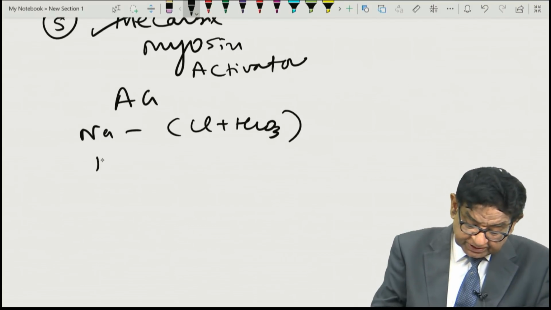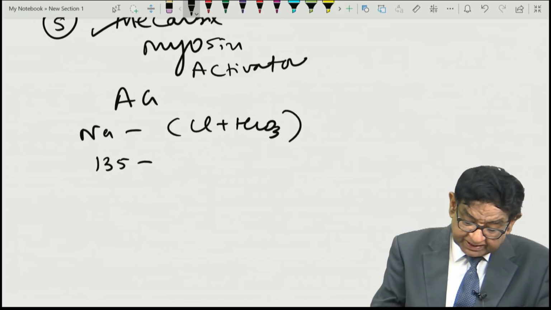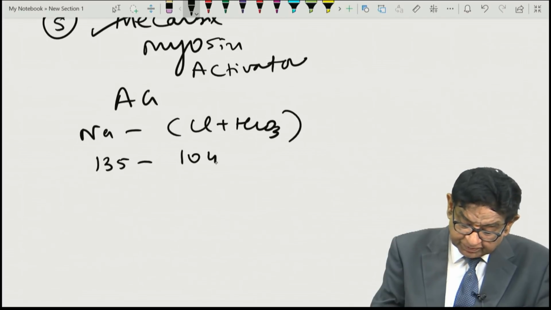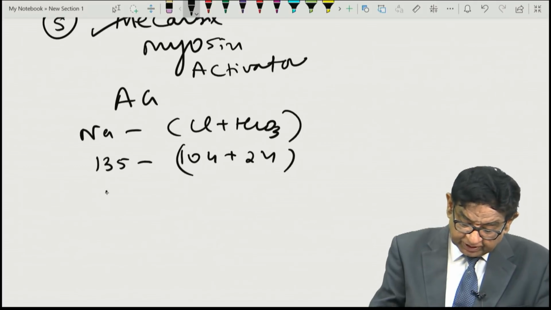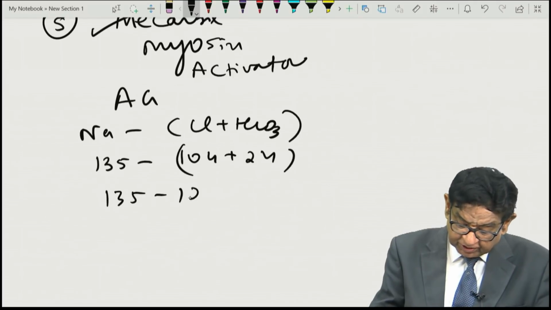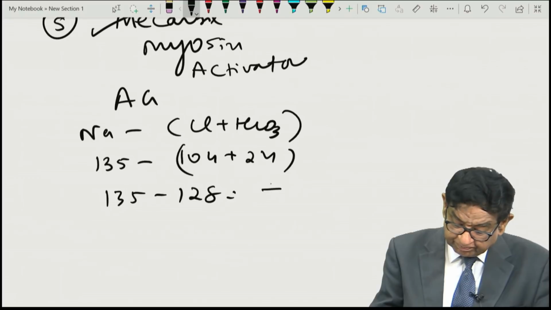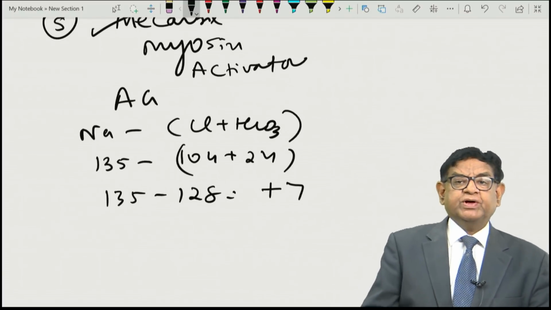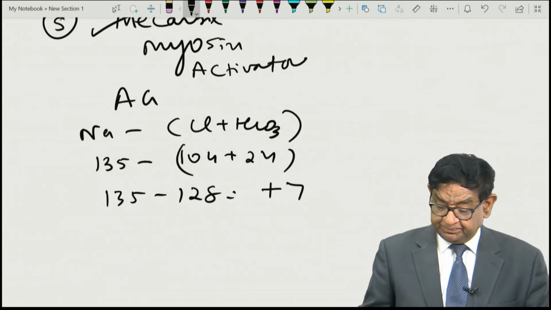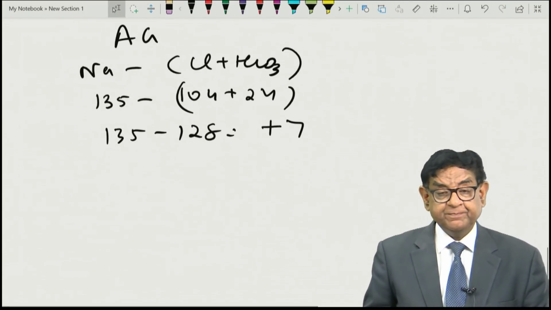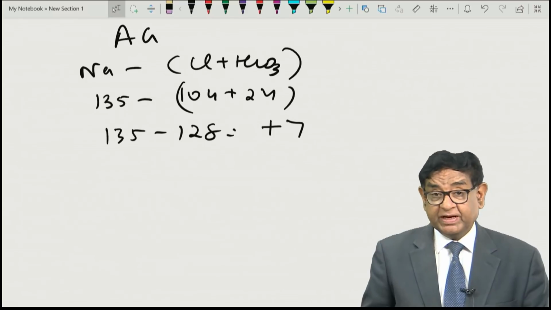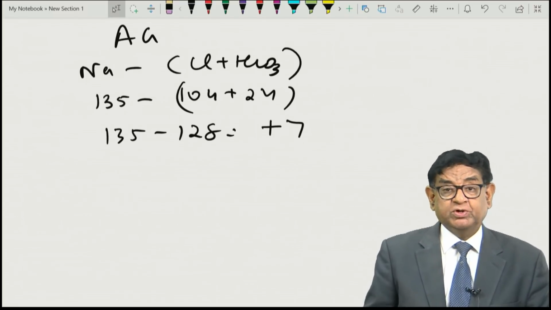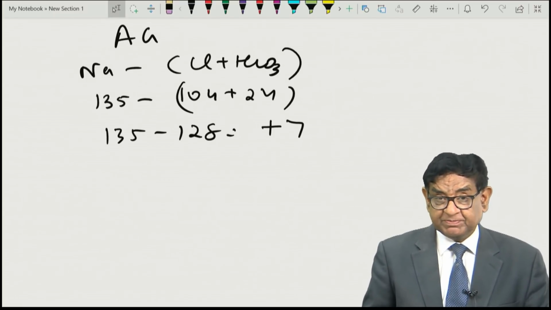So normal: 135 minus chloride 104 plus bicarb 24, 135 minus 128, this comes out to be plus 7. Now in this equation we are getting 7 extra particles. And we know very well that in the universe positive and negative are always equal as per the law of electroneutrality.